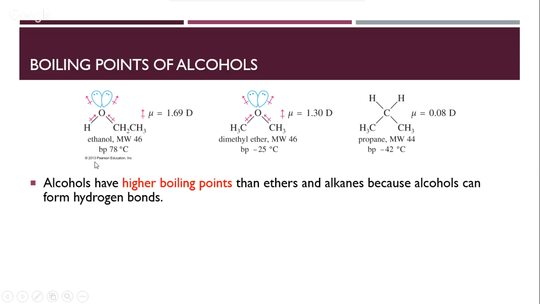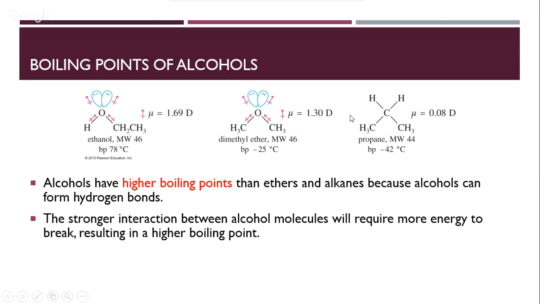Almost 100 degrees, more than 100 degrees actually, is what is needed to really boil alcohols compared to the respective alkane. All the structures are the same except for the point of oxygen with OH here and CH3 here. Now, the stronger interactions between alcohol molecules will require more energy to break, and therefore they have higher boiling point.